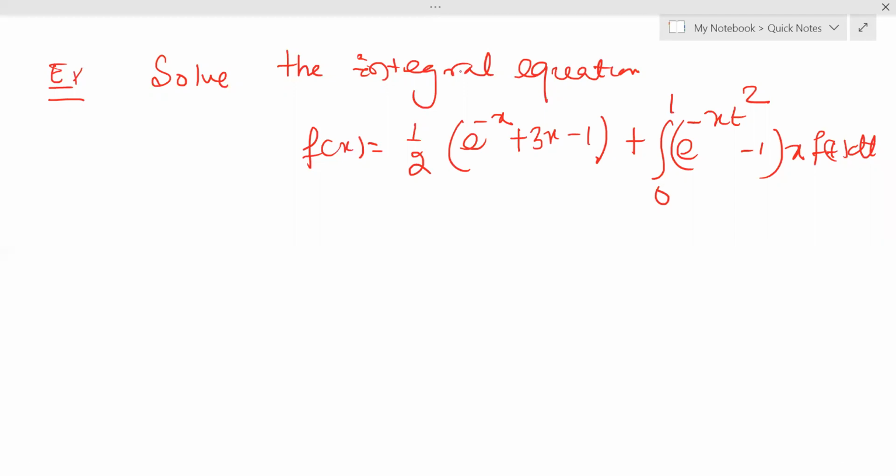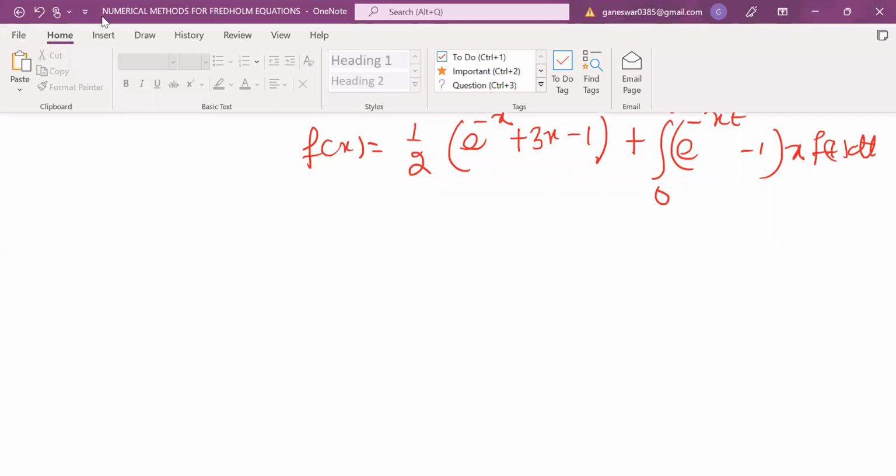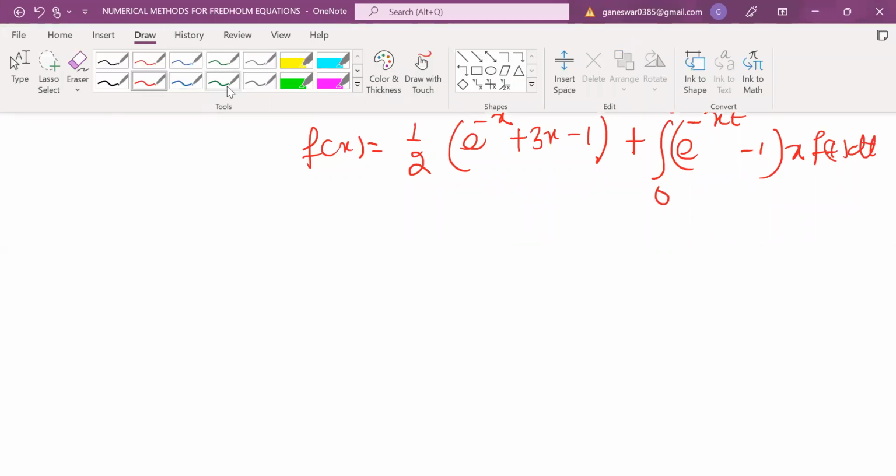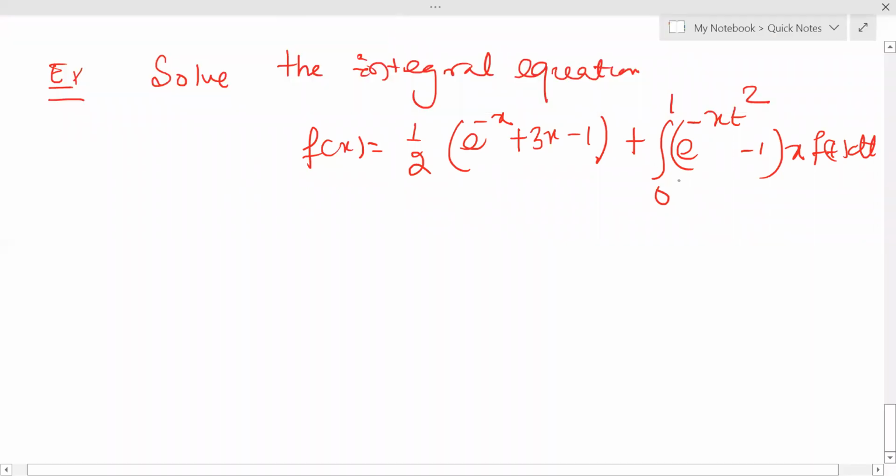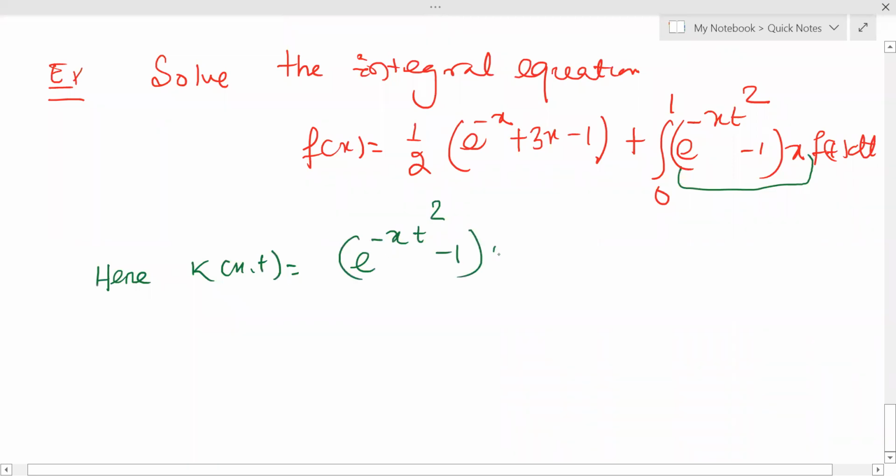First of all, you define what is the kernel of this function. We will define the kernel first. So this is your kernel. This is the kernel part.